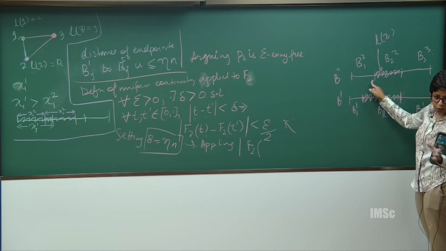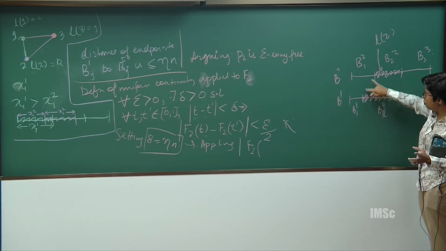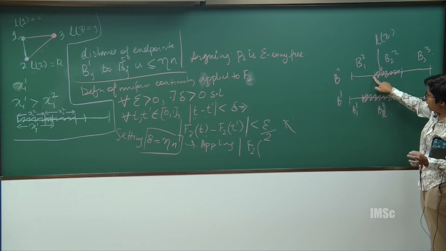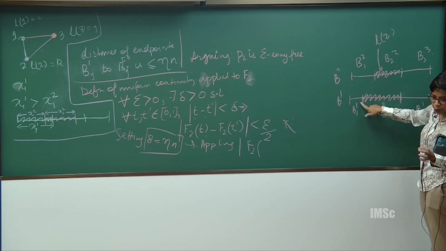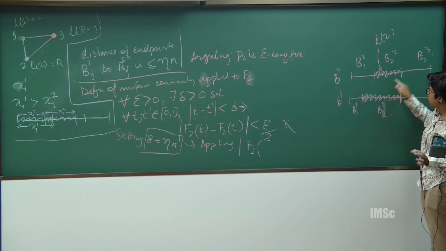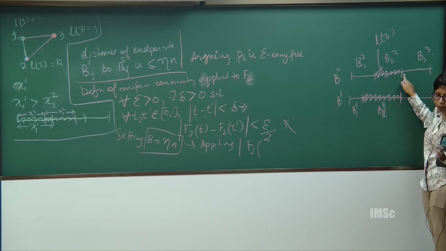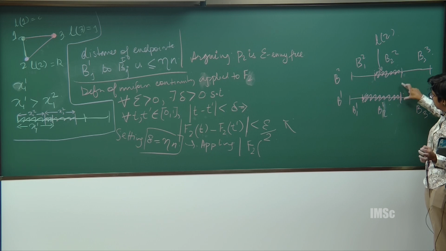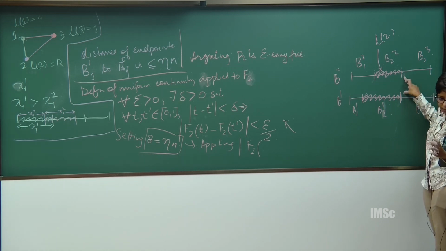So, therefore, by the continuity of the function f applied to these endpoints, the distance of f applied to here minus f applied to here is also very small. The f applied to here, meaning f2 applied to here, and these, the differences between these two points, the f value is also small.